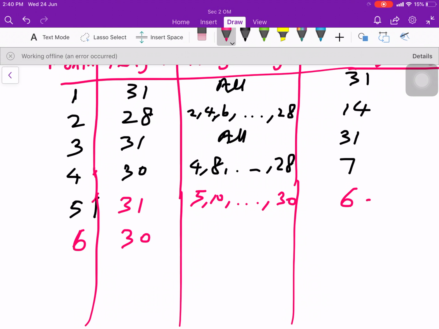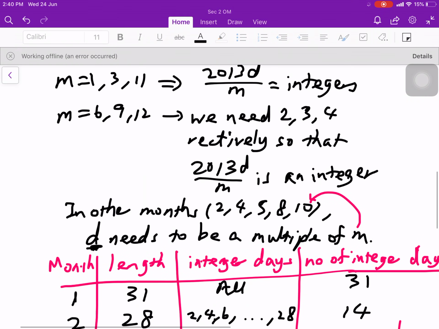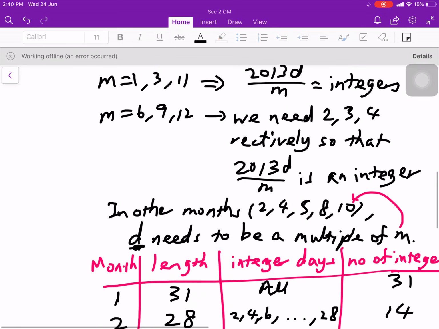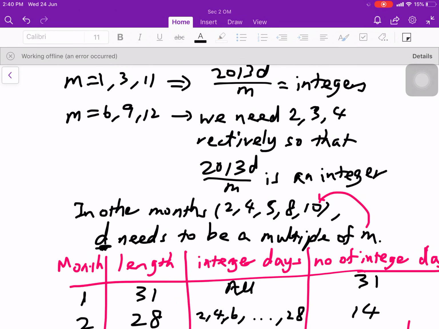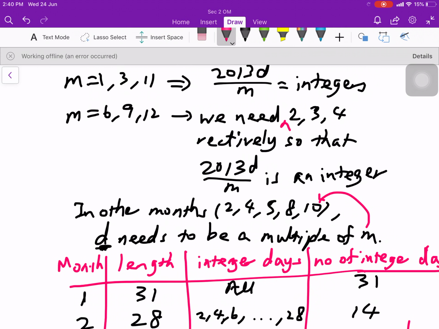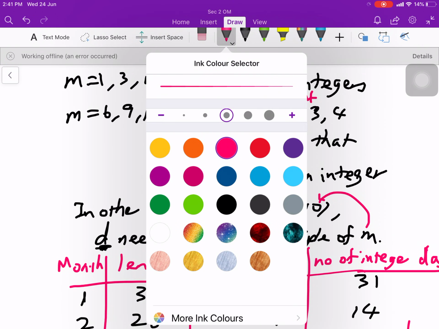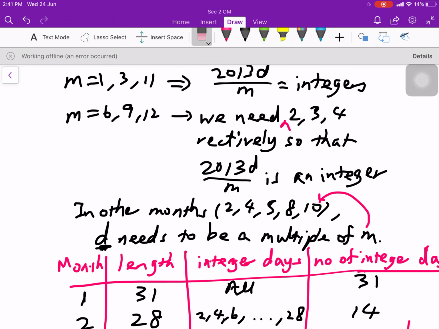When M is 6, the day D must be a multiple of 2, 3, and 4, so let me qualify.